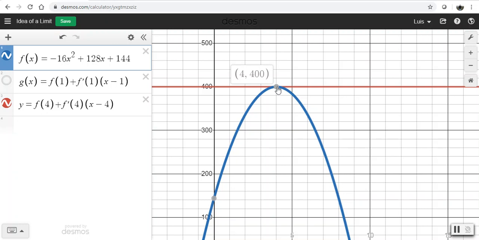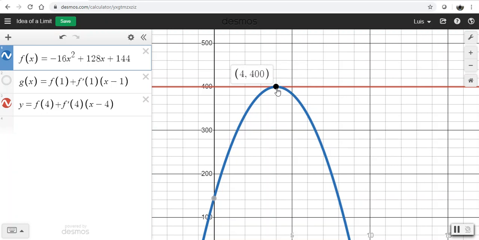So if we know where the instantaneous rate of change, or let's say the velocity, is equal to 0, that's where it just stopped. So we could set up an equation where we set the velocity equal to 0, and then solve from there, and in this case it gives us 4.